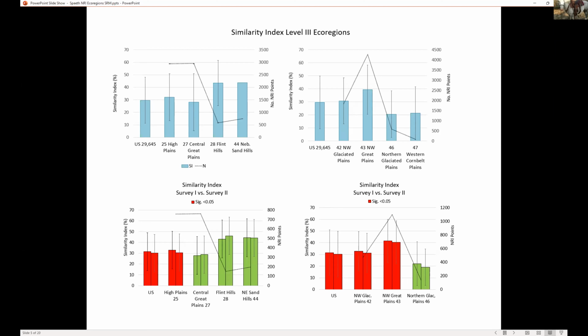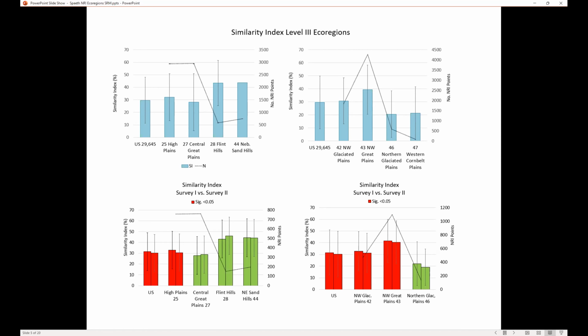Based on my knowledge and working in these areas, they're largely comprised of native tall grass species like big bluestem, Indian grass, sideoats grama, switchgrass, things like that. They seem to be a lot more resilient than perhaps other major grass and forage species that occupy more of the northern central Great Plains.